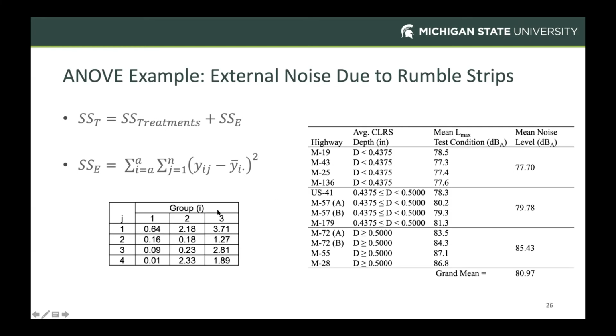In the case of the first observation, that's simply 78.5 minus 77.7, and that quantity squared is going to be 0.64. We go through that same calculation for each of the 4 observations within the group, and then we repeat that procedure for each of the other 2 groups. And we arrive then at a total error sum of squares of 15.48.